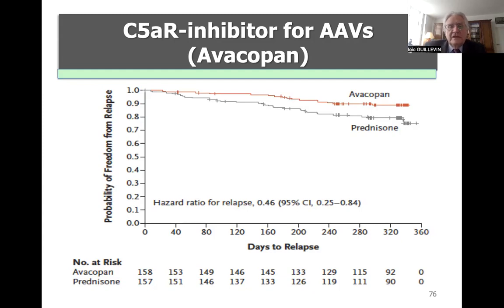I don't know. Avacopan is still under studies because this drug has other advantages. And one of the advantages is probably to improve renal function. And if it is demonstrated on a very large number of patients, it will be really a great advantage for the drug.